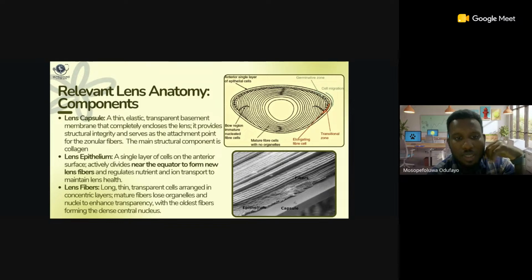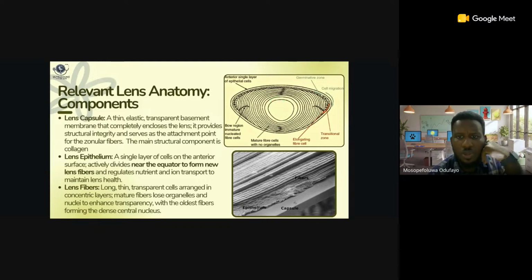The mature ones, as you can see from this point, start losing their organelles and nucleus, and then they begin to approach the center. Such that the oldest of the fibers are the ones at the center and form what we call the central lenticular nucleus.